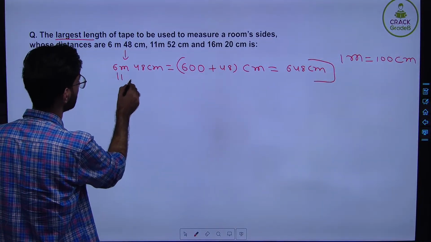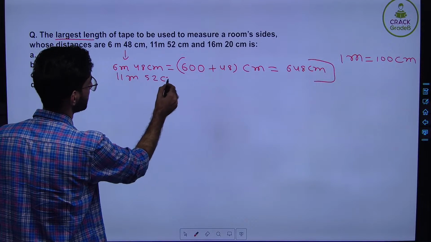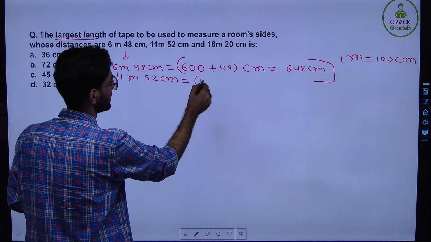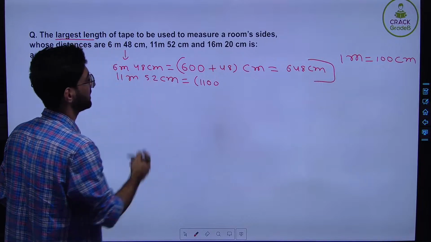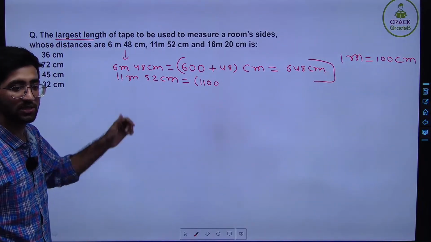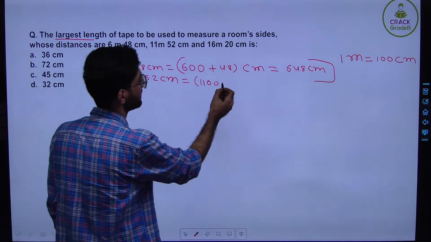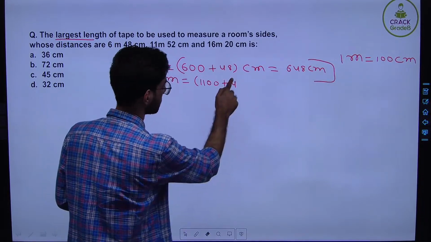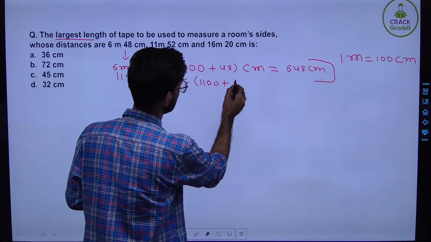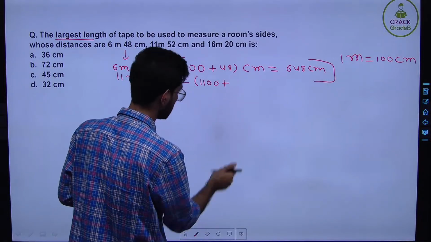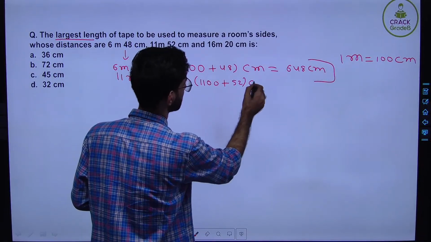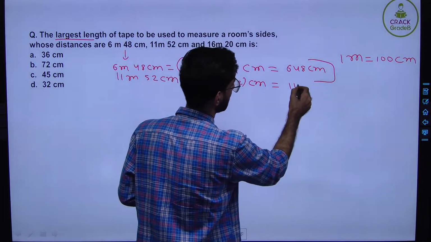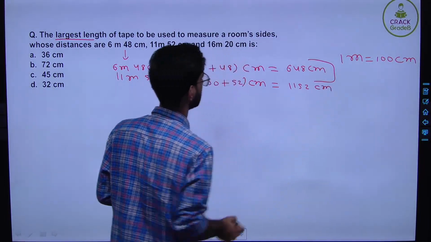Similarly, 11 meter 52 centimeter: 1 meter equals 100 centimeter, so 11 meter will be 1100 centimeter. So 1100 plus 52 centimeter is equal to 1152 centimeter.